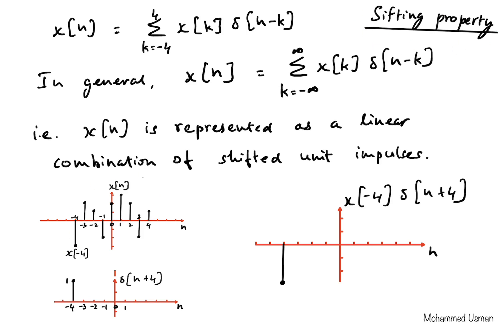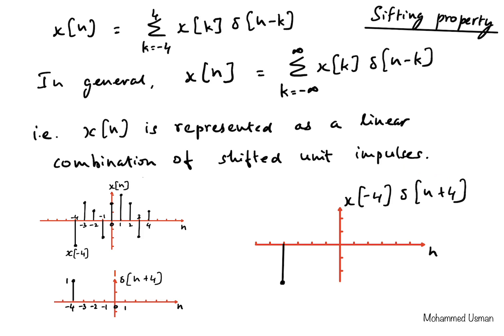So we call this as the sifting property, and this sifting property we get as a consequence of being able to represent our signal in terms of shifted unit impulses.